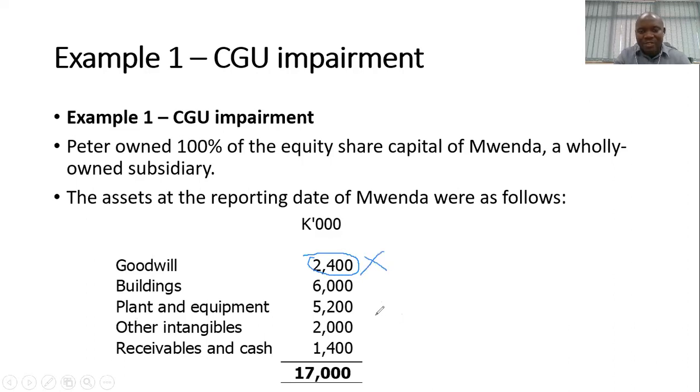Here on the plant and equipment, remember we'll remove 1,200. On other intangibles, we'll remove 500,000. On receivables, nothing will be removed. So meaning that on this goodwill, we are removing 2,400.